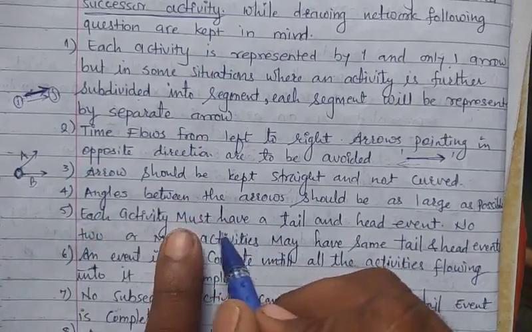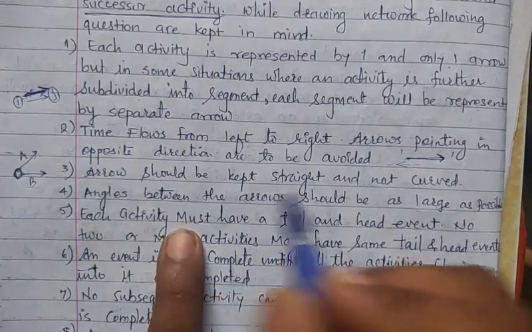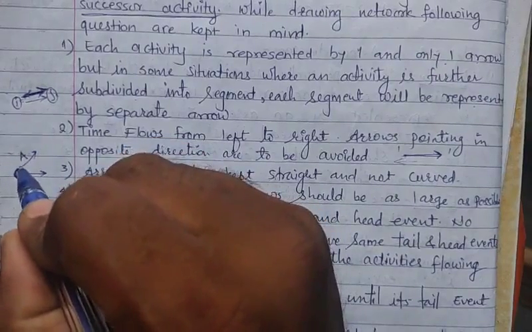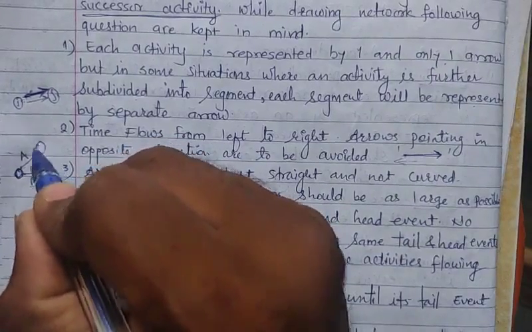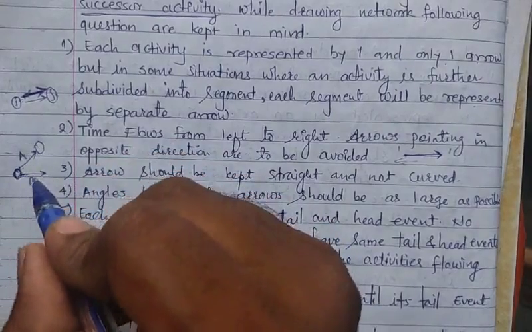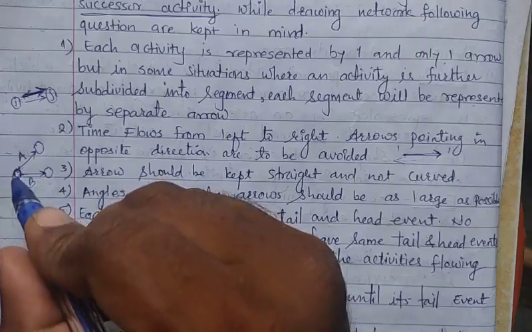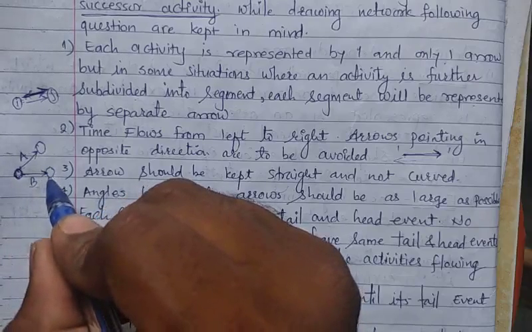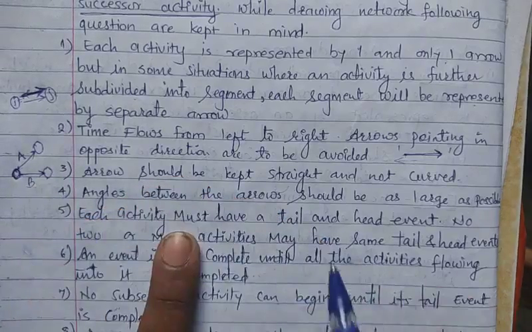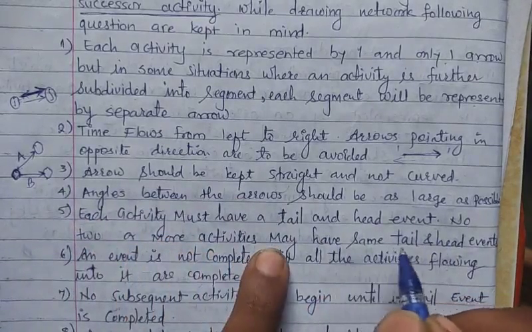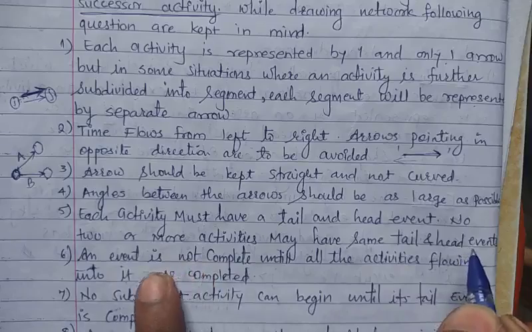Now each activity must have a tail and a head event. Suppose this is an activity; this is the tail and this is the head event. For each activity it must have a tail and an end. This is for the second activity, its tail, and this is the end of the second activity. Also, no two or more activities may have the same tail and the same head events.